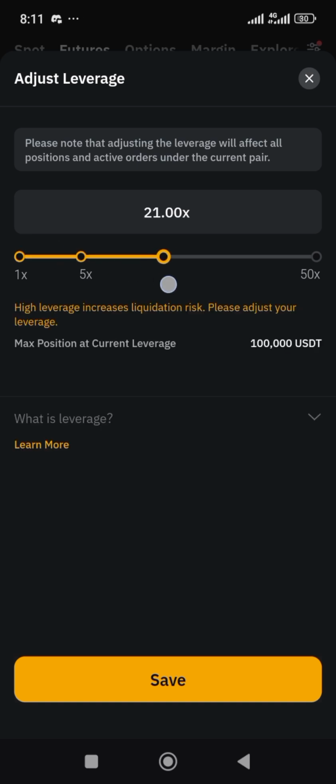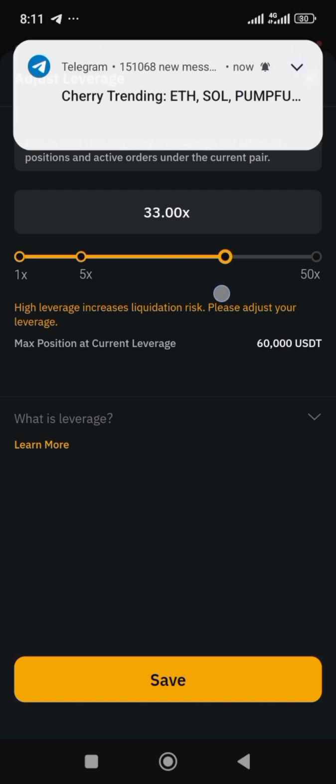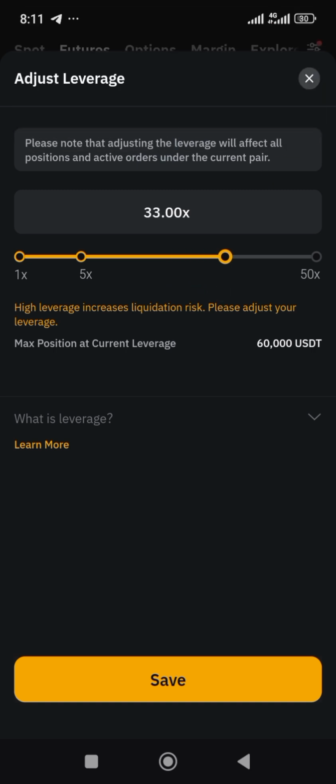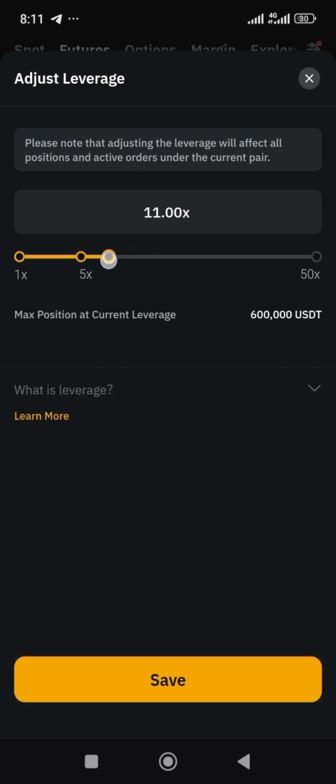But if I leave it on, say, 25x, if I'm going to lose money, I'll be losing money based on this leverage. It will be huge. If I'm going to make money also, I'll be making it based on this leverage. It will be huge as well. So that's why I said futures is very, very volatile. You should know what you are doing. Whoever gives you the signal also most times will give you the leverage to use. But if not, just simply use 5x or 10x.